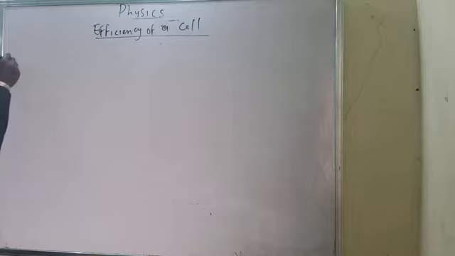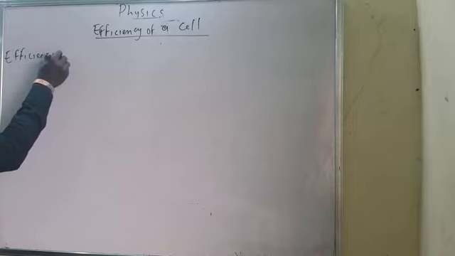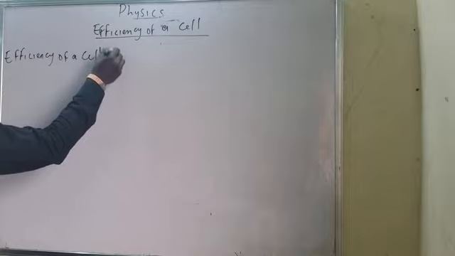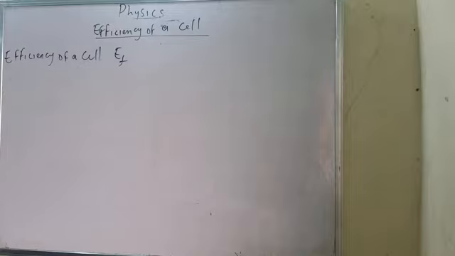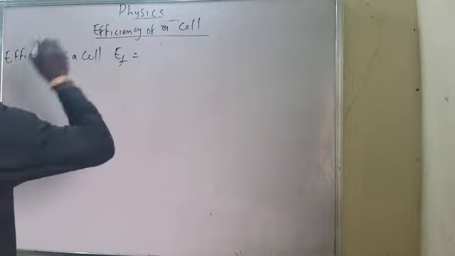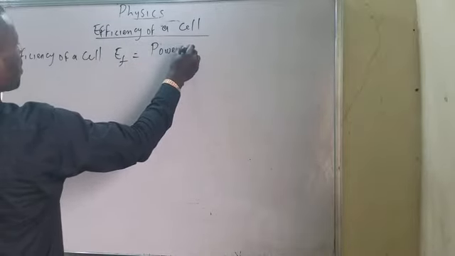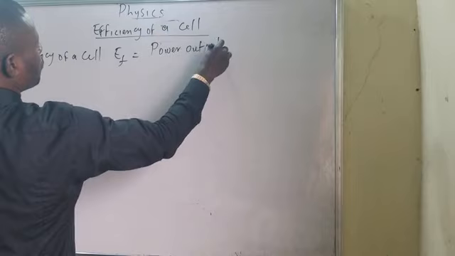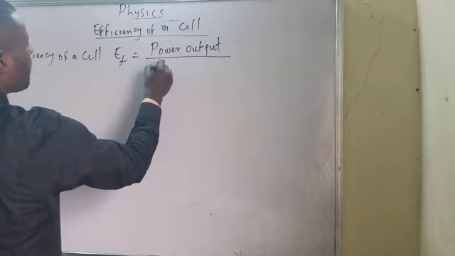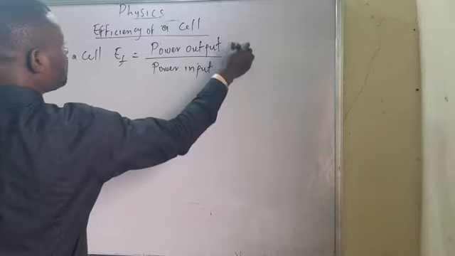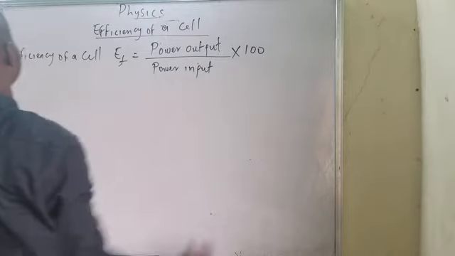It means efficiency of a cell, let me denote it by Eff, will be equal to power output divided by power input multiplied by 100.